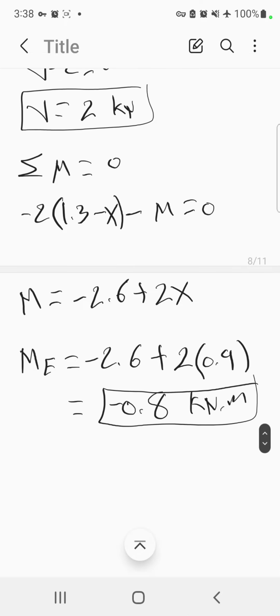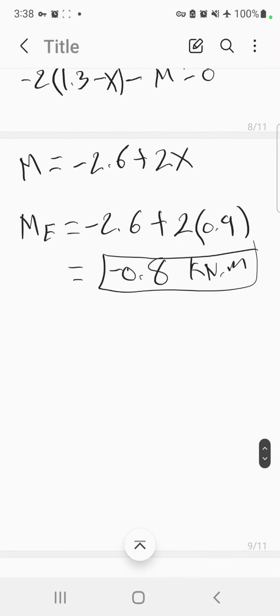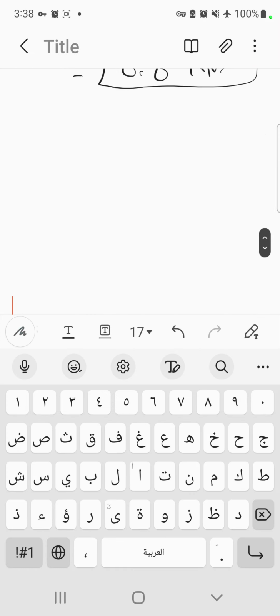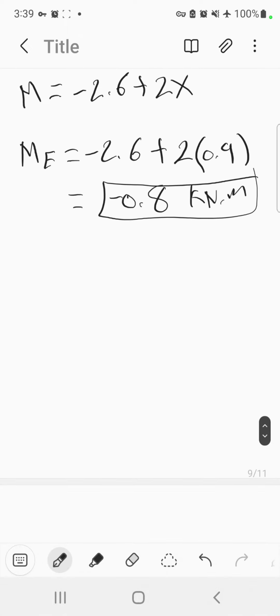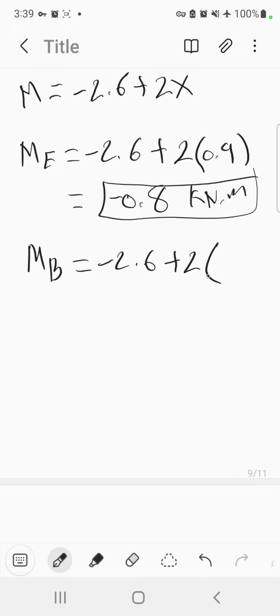And for MB, equal to minus 2.6 plus 2 times x, and x is located at 1.3. Okay, so MB is going to be 0, because minus 2.6 plus 2.6, so it's going to be 0 kilo Newton per meter.